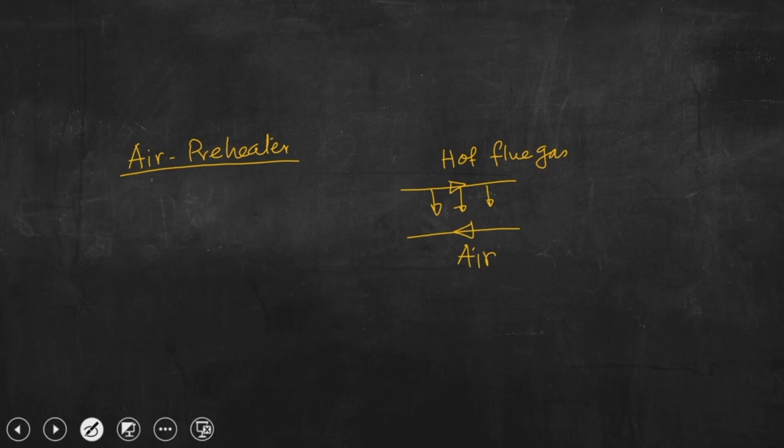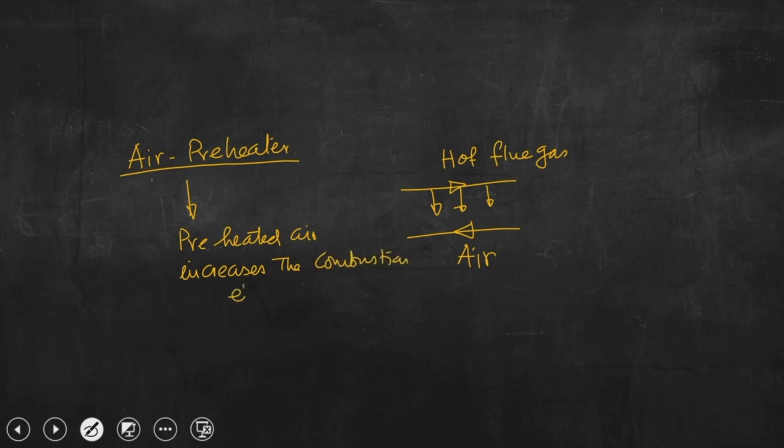So, this is another way of utilizing the temperature of hot flue gas before it goes out from the boiler. So, this preheated air increases the combustion efficiency. Okay, how?